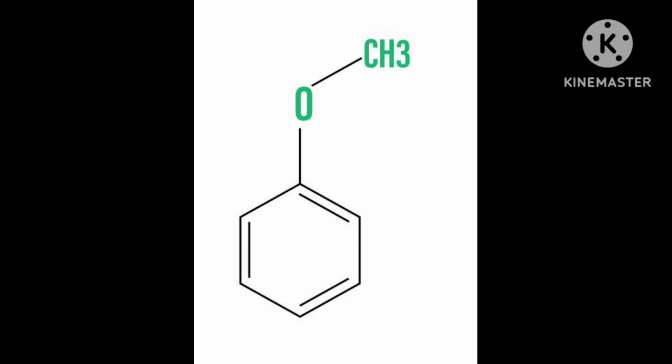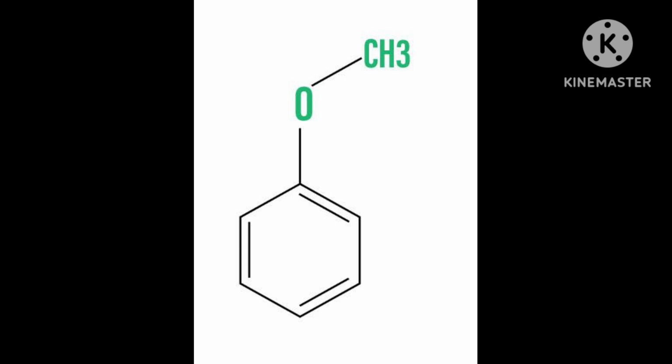Why this ether is miscible with water, I am telling you. ROR is the ether, and water is HOH. Two molecules of water you can consider, HOH and again HOH. Then the H of water and the O of ether will attract each other, meaning both will make a hydrogen bond.